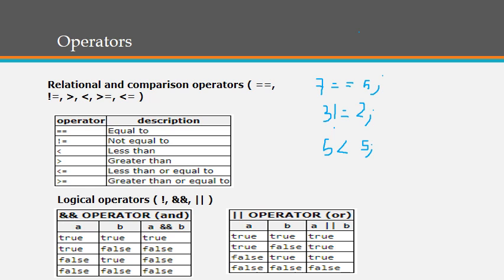We also have logical operators, for example, the AND operator and the OR operator. And the table tells you how it evaluates. If we have a variable A being true and a variable B being true, the result of A and B gives you true. True and true gives you true. True and false gives you false.